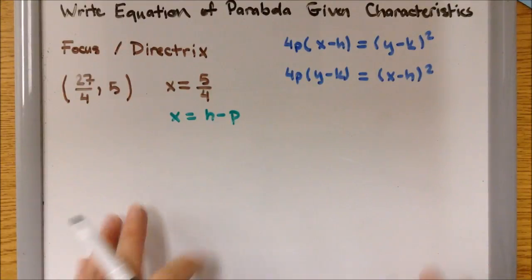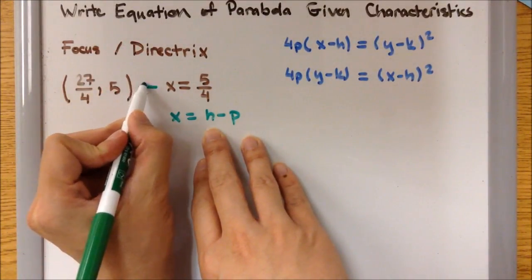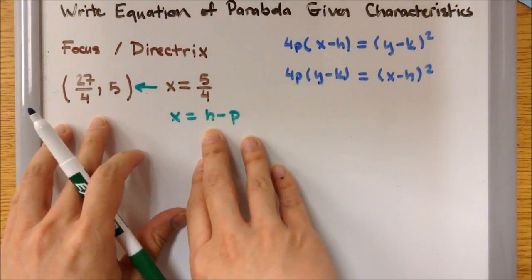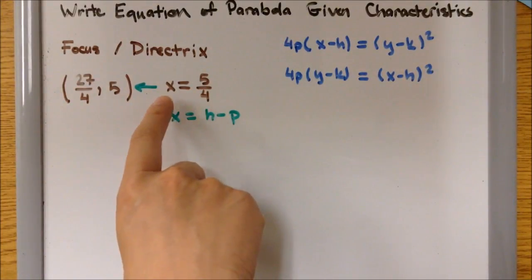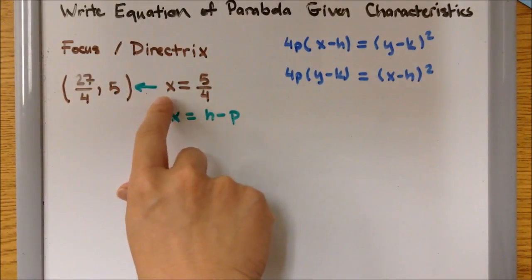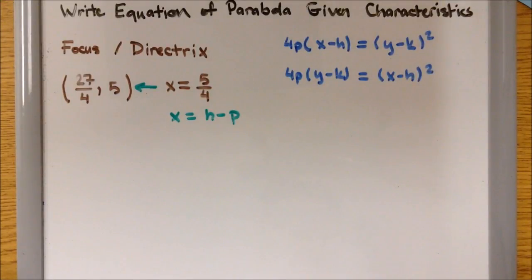Once we identify the formula for the directrix, this will help you to determine the formula for the focus. With these particular examples, when you're given a focus and the directrix, I always look at the directrix because it has the x equal. Once it has the x equal, it'll help you determine which equation to use.